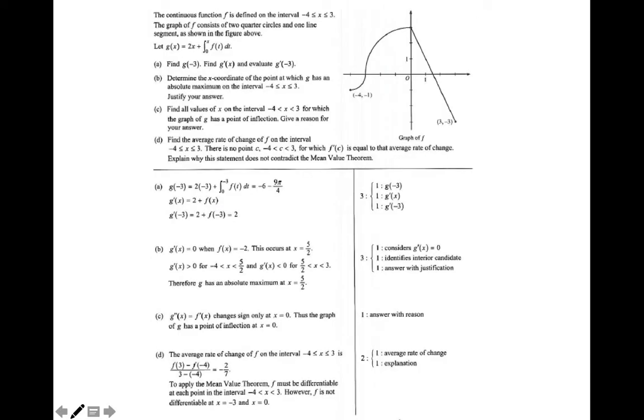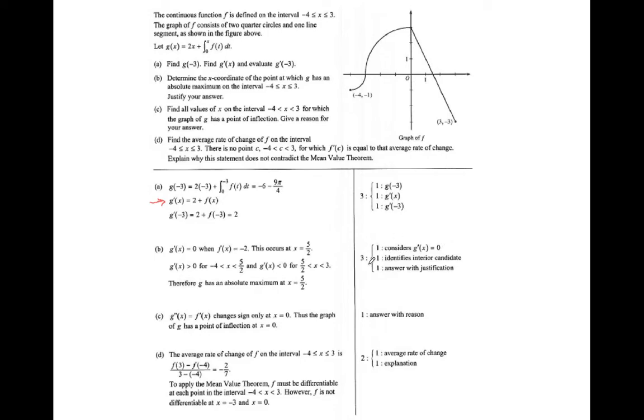So again, I'm not sure if your packet includes this or not, because I don't have a copy and I added this one. But I wanted to make sure that here, part A is pretty routine, where they're just going to give you points for the values. And notice that g prime of x, I did with you in class, is 2 plus f of x.